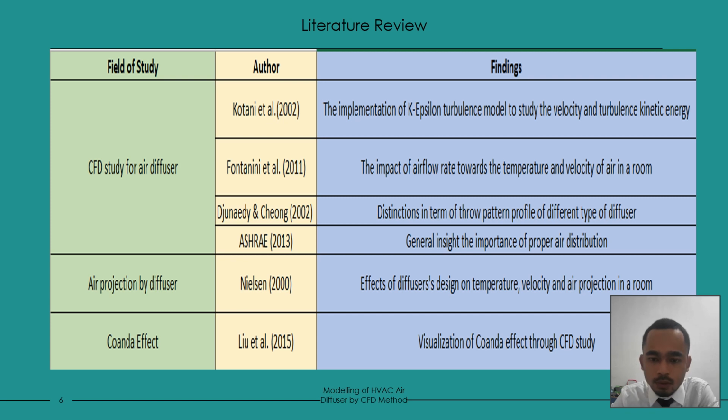So the keyword here is the temperature and velocity, and these two things match with my objective, which is to study the airflow characteristic and temperature distribution in a room. And then the third one is distinction in terms of throw pattern profile of different type of diffuser.